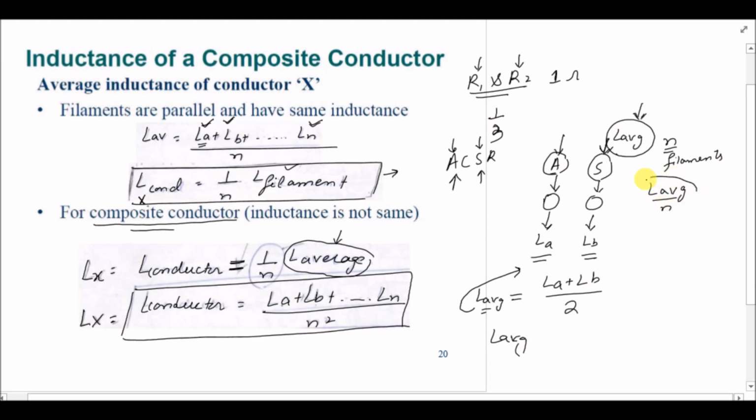This is the same concept that we applied here, right? So now when we are considering the composite conductor, we are dividing by n square. One n is for taking the average value, and the other n is to find the parallel combination.